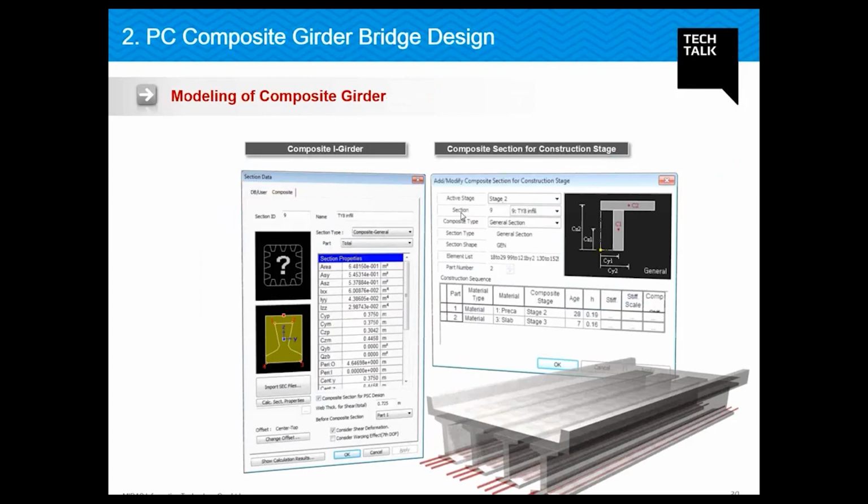So using this composite section for the construction stage function, we can specify different construction stages, where the main girder will be activated and the deck will be activated with a different age of the concrete. And then that will be considered in the construction stage analysis.